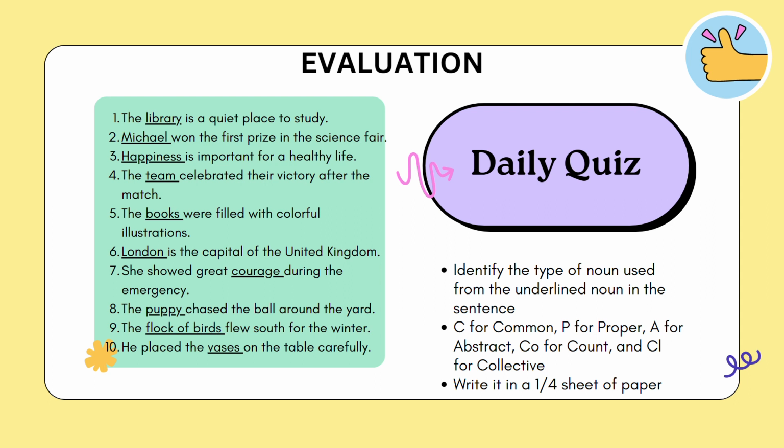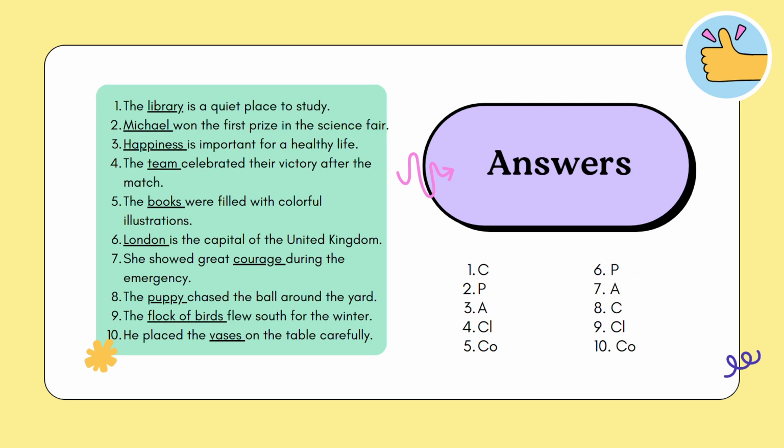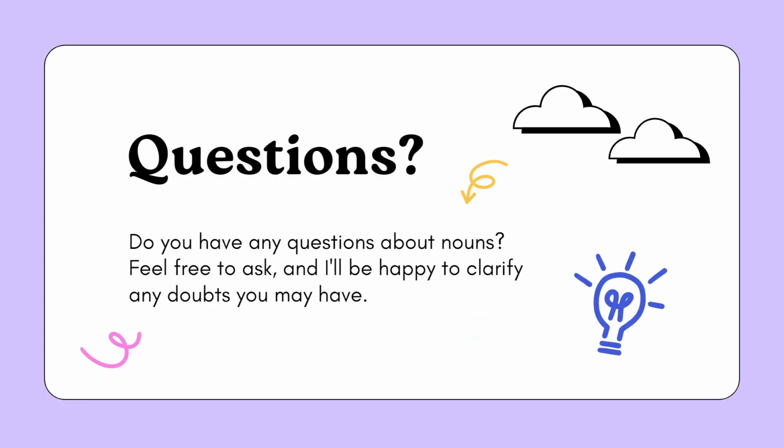I had a daily quiz, 1 to 10, and these are the answers. After the quiz, I will also ask the class if they have any questions regarding the subject so that the teacher, in this case me, can learn from their feedback and improve on what I should do next time.